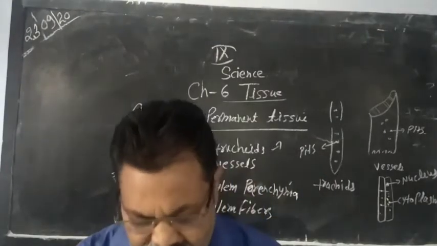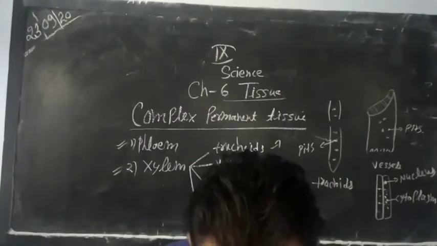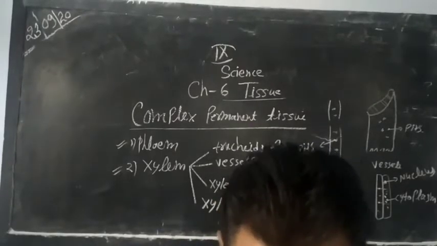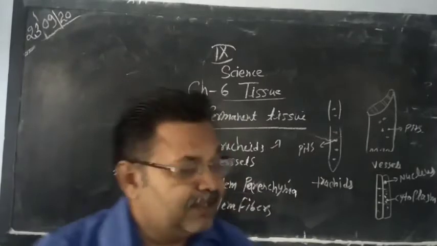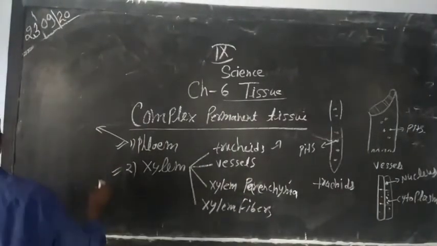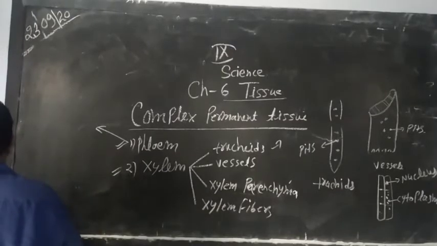In similar way, phloem is made up of 5 types of cells.